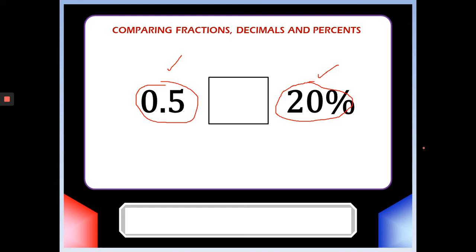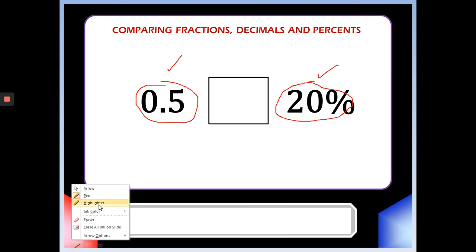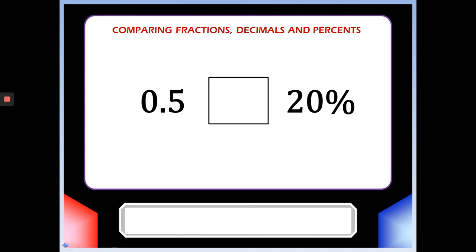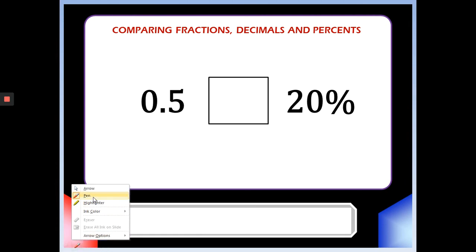So what are we going to do to be able to compare them? Either we make this decimal into a percentage or this percentage is converted to a decimal, just to make them the same. You have to make them the same, both decimal or both percentage. So whatever is your preferred way, you can do it. Anyway, you'll get the same answer.